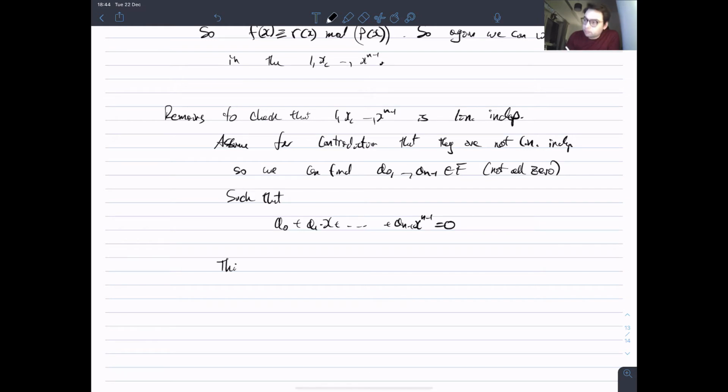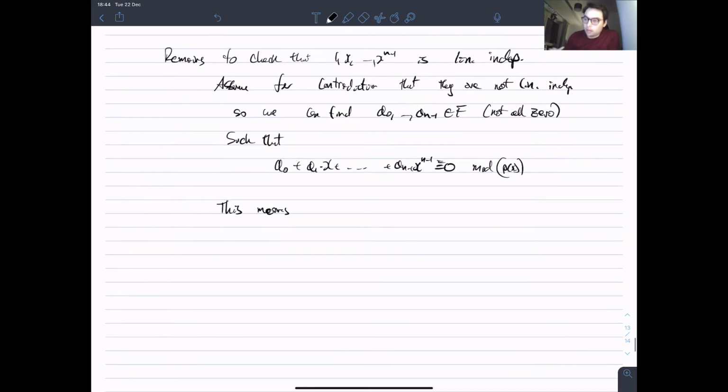This means, I should write this as mod p of x because I'm working in K. So this means that p of x divides a0 plus ... plus a n minus 1 x to the n minus 1, now viewed as some polynomial in F of x.